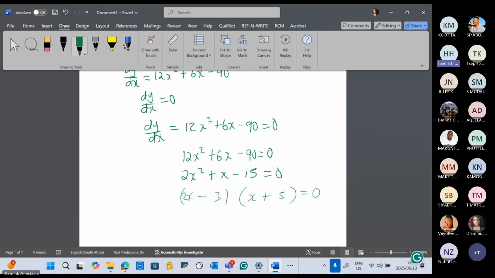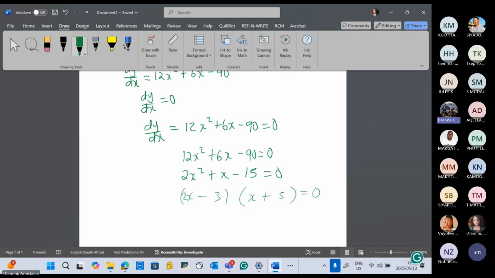Okay, if you're fine, it's okay. Let me check. Is the answer correct? Is the factorization correct?